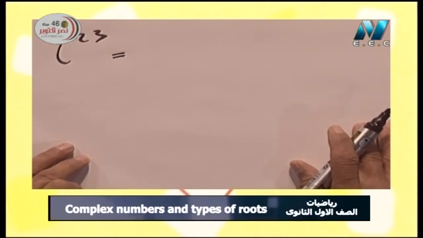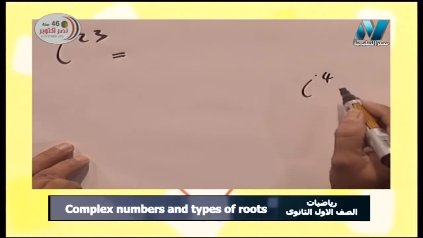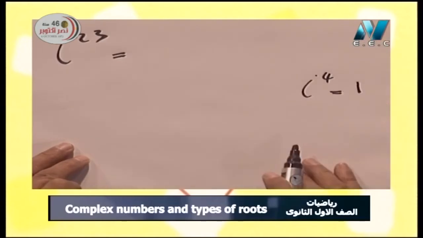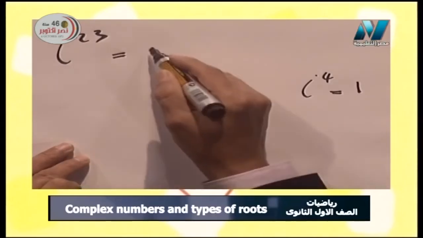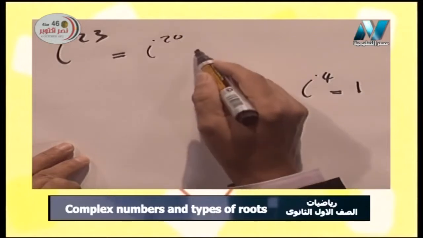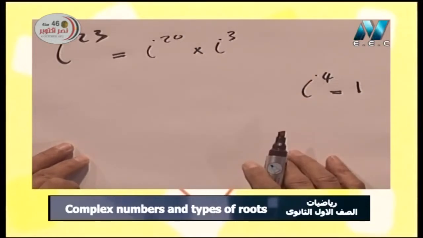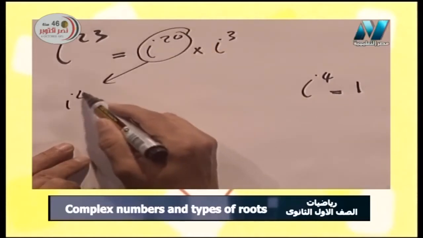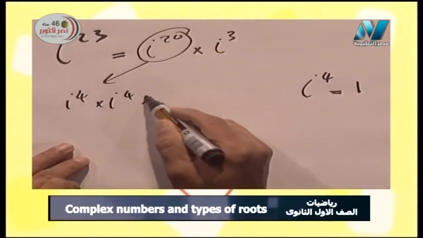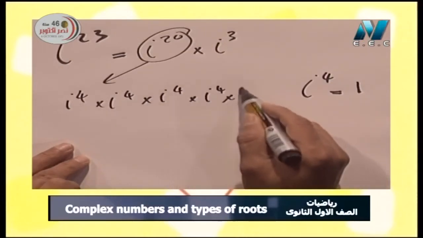Okay, try to get out all the fours, because we have here i power 4 equals 1. This i power 24 equals i power 20 multiplied by i power 3. i power 20 means i power 4 times i power 4 times i power 4 times i power 4 times i power 4.